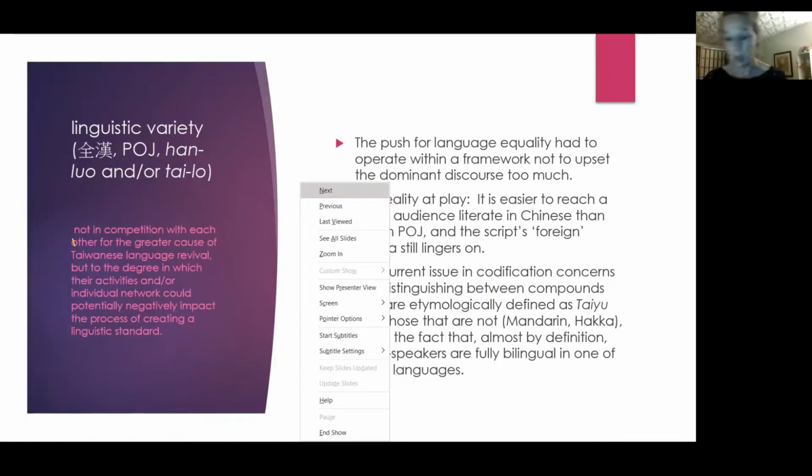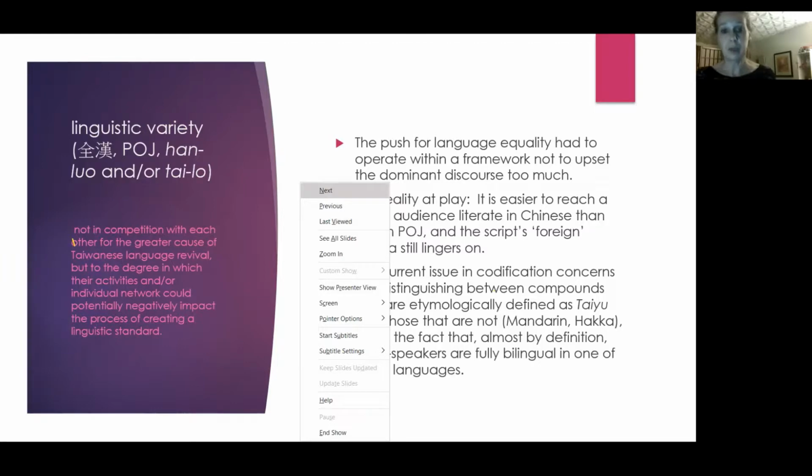So yes, we have conferences about Taiwanese where a number of the papers and presentations are written and presented in Taiwanese, in one of the three systems. Other papers are in English too, but we have to keep in mind that the foreign stigma of the language still lingers on in society, and that then comes to the element of acceptance.